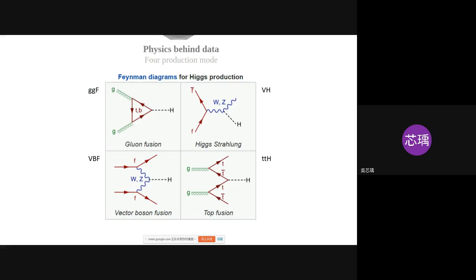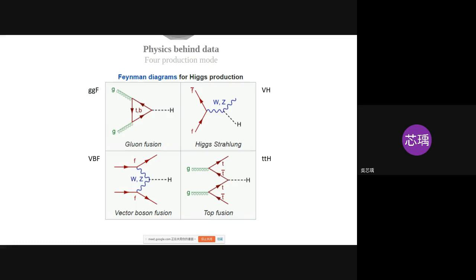So GGF means the two gluons combine to form a loop of virtual quarks. And in the VH part, if an elementary fermion collides with an antifermion, the two can merge to form a virtual W or Z boson and then emit a Higgs boson.